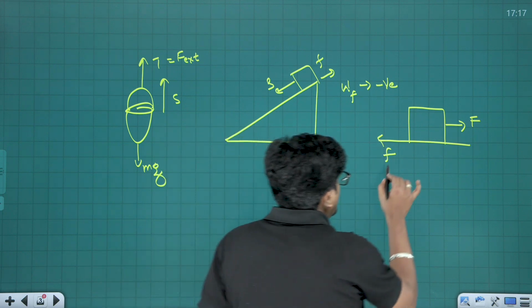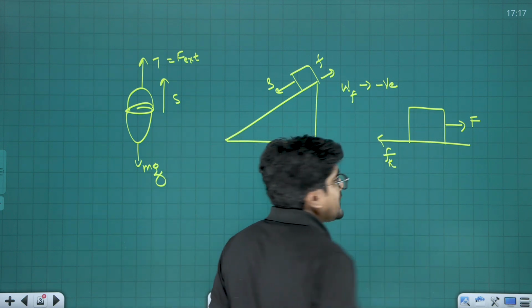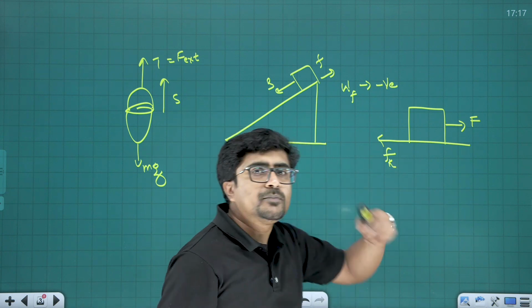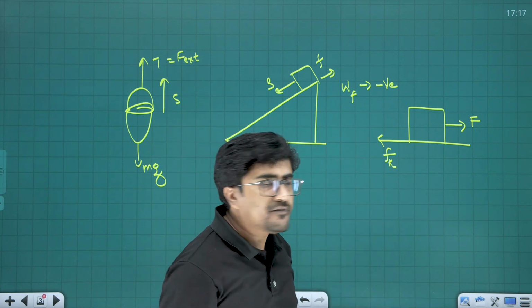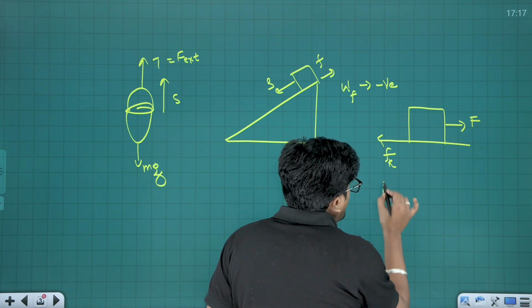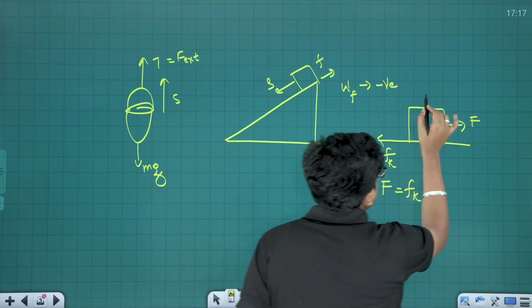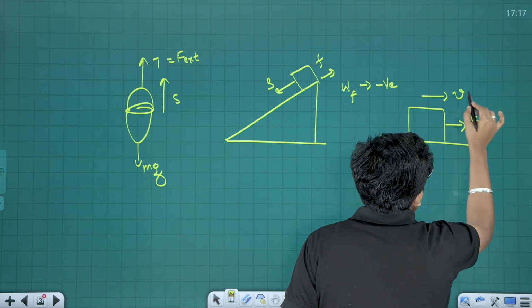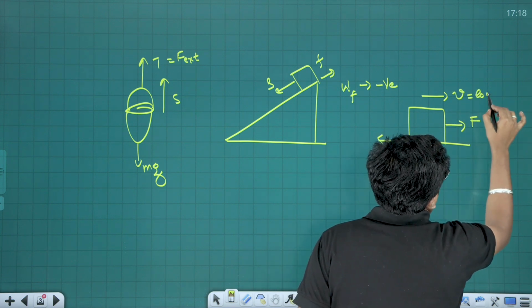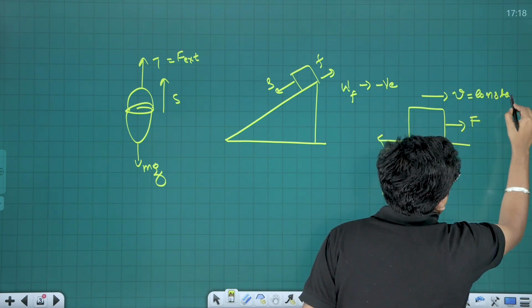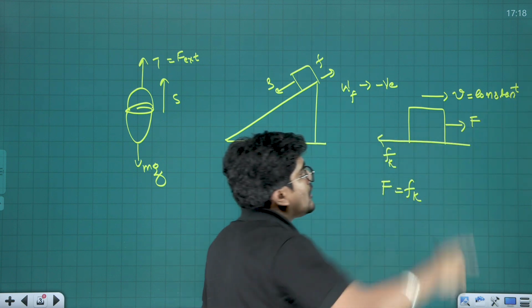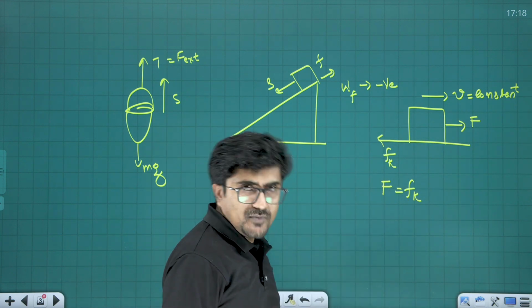And here kinetic friction F suffix K, body is moving, relative motion is there. That's why I took it as kinetic friction. The magnitude of F will be same as that of the magnitude of kinetic friction. In this case, I can have the body moving with a constant velocity in the forward direction. That possibility is there.